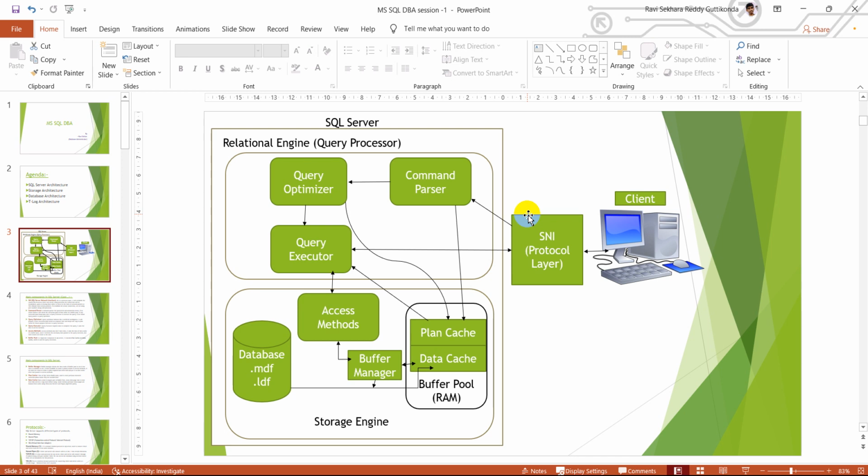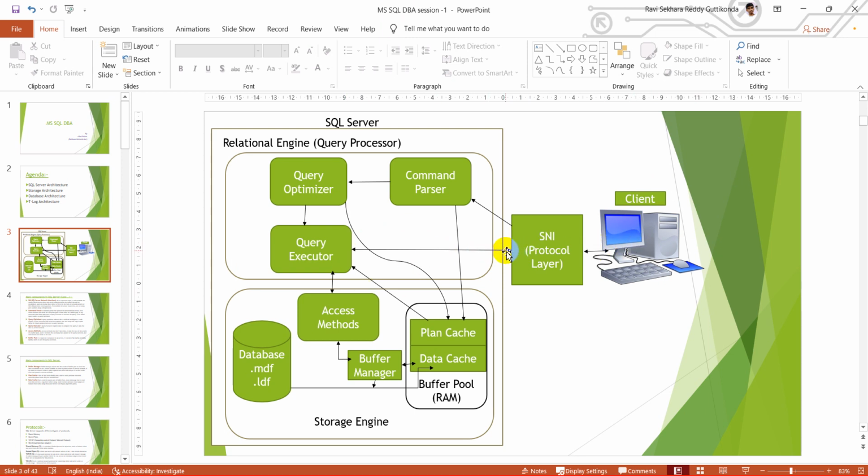Whenever any user raises a request from the client machine, it will be converted in the form of a query in the background. That query will move from the client to SQL Server in the form of network packets.